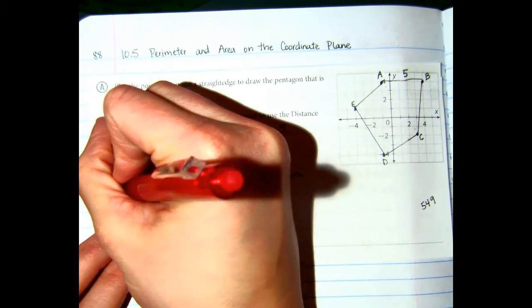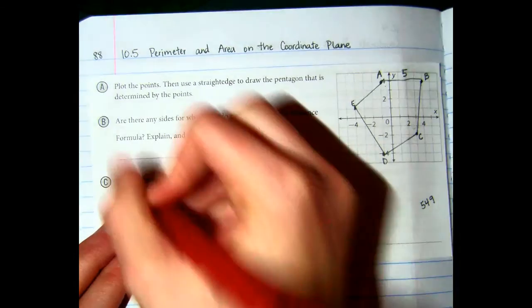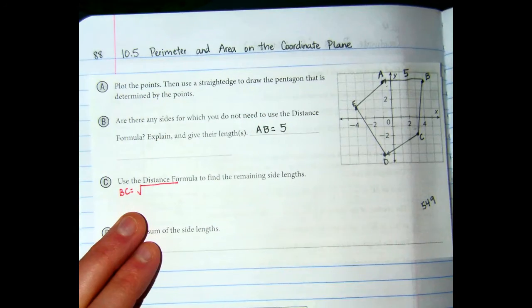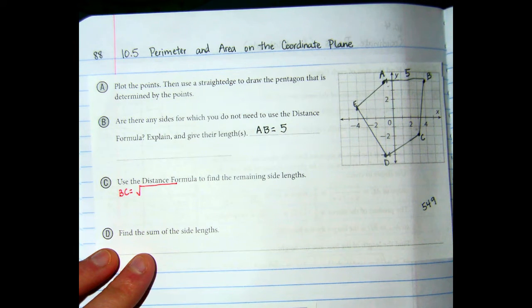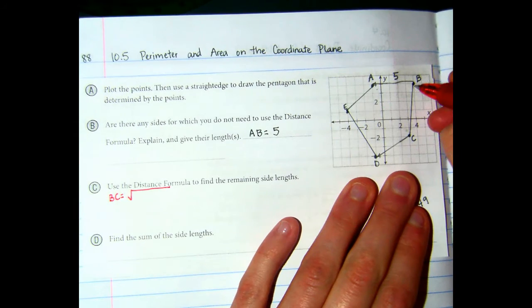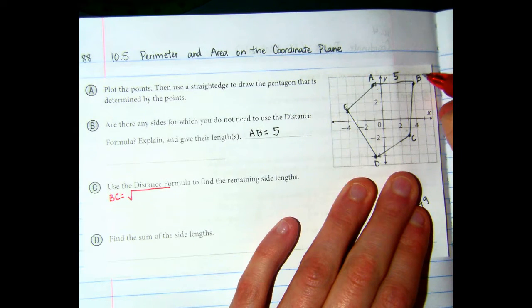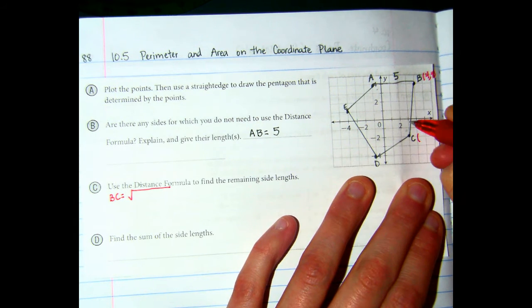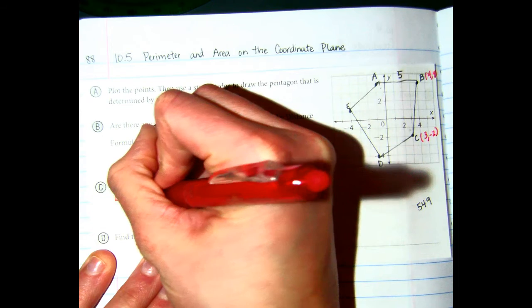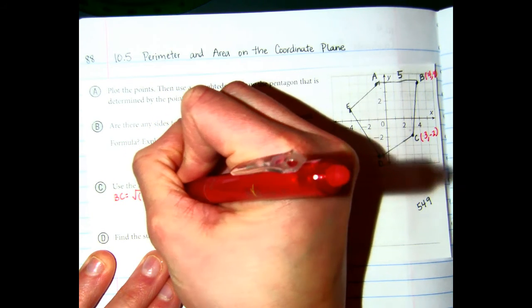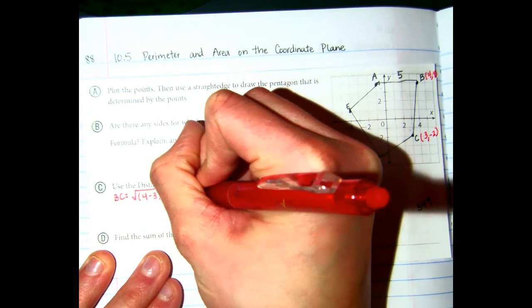So we're going to use the distance formula to do that. And it says, does it say to round? It doesn't. We are going to round to the nearest tenth. So BC right here, B is at (4, 4) and C is at (3, -2). I'm going to write this down, it always helps me out. So BC, I've got (4 minus 3) squared plus (4 minus -2, or plus 2) squared.